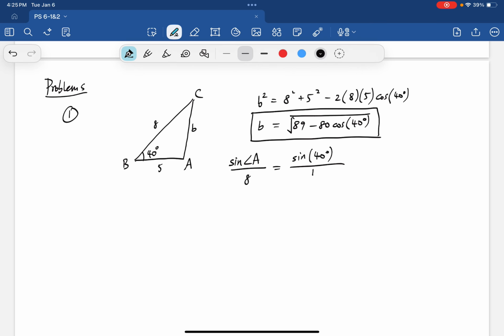I'm not going to write that out because it's very long. And so I'm going to end up with angle A equals arcsine of 8 sine 40 degrees over b, which is the square root of 89 minus 80 cosine 40. Okay?